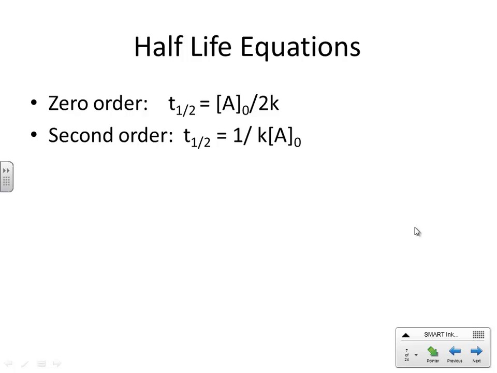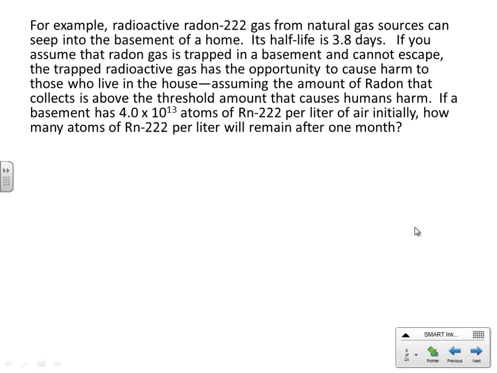One application of this concept has to do with radioactive isotopes. They have a variety of uses as well as a large amount of dangerous consequences for humans. For example, radioactive radon-222 is a gas that comes from natural sources. It has a half-life of 3.8 days.